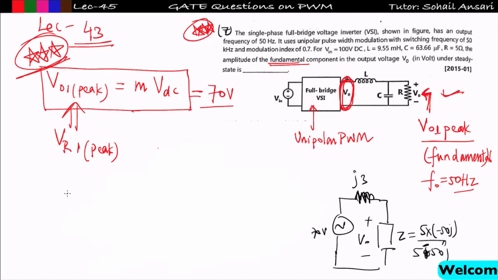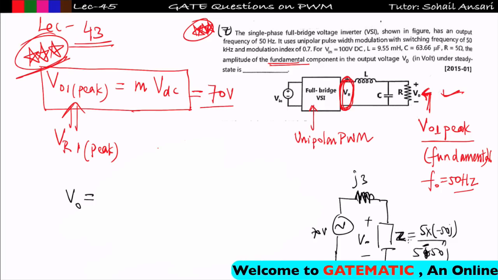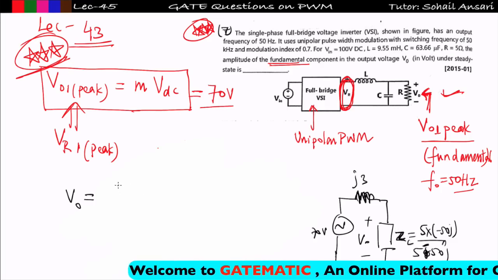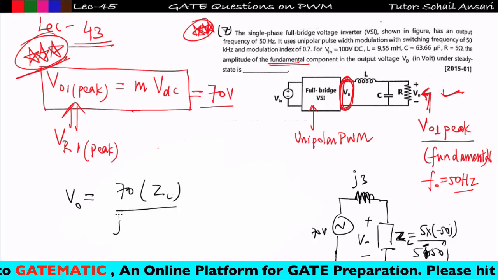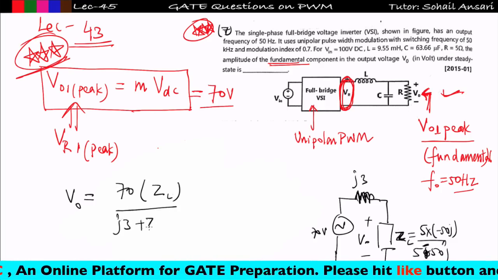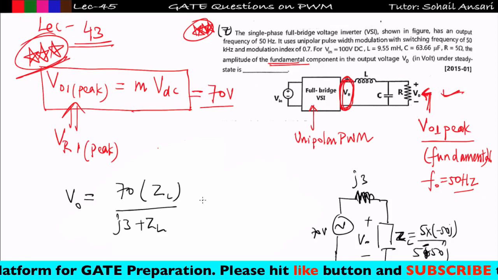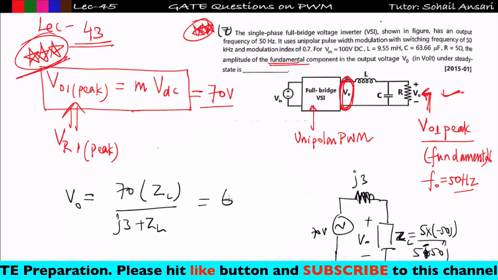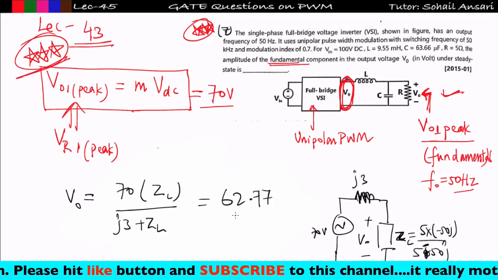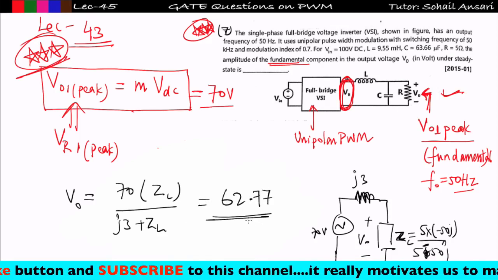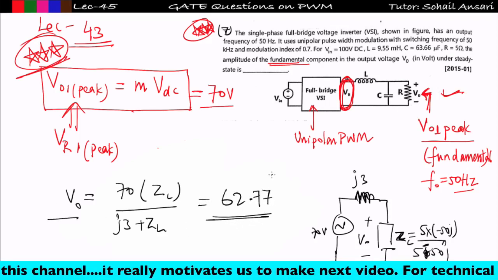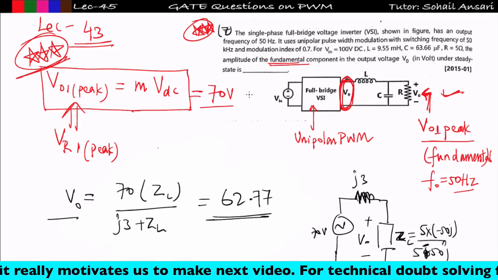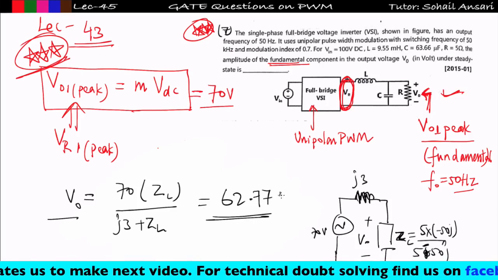Now apply the voltage division rule to find V0. Let us say this is my ZL. So V0 will be equal to the supply voltage 70 multiplied by ZL upon j3 plus ZL. This will give you the output voltage, and it will come out to be 62.77. Use a scientific calculator, and you will get the output voltage 62.77. So here you have to put 62.77 volt.